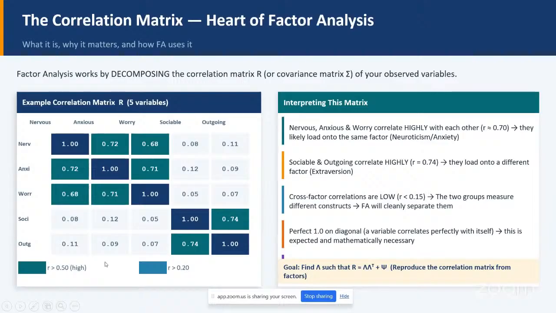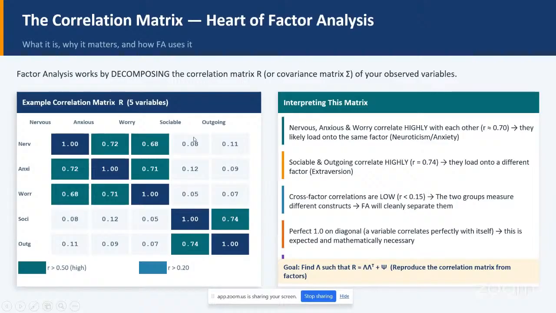So in this matrix, does anyone have any question? Like, what can be the threshold? How can we interpret it? For these dark colors, these are highly correlated, right? Because these are greater than 0.50. So we can make one group of them. And those that are greater than 0.2 are correlated but not that much.